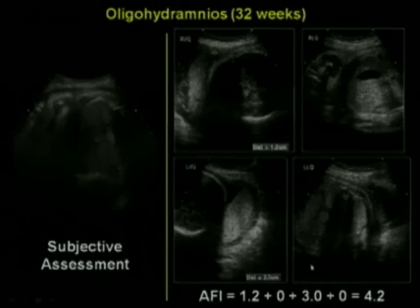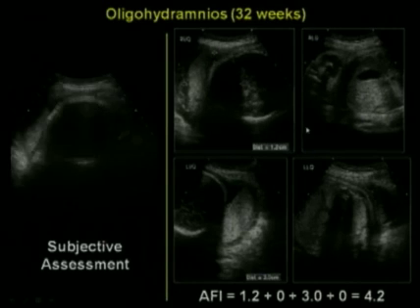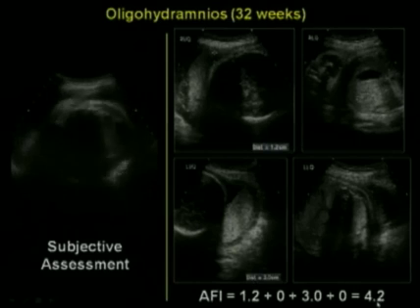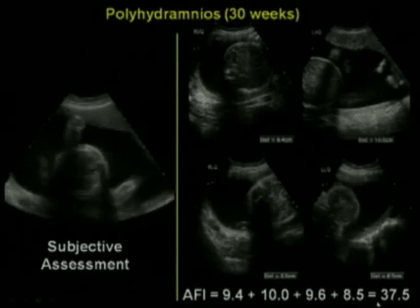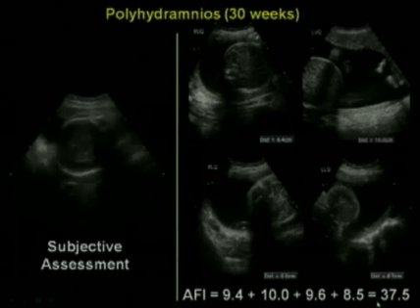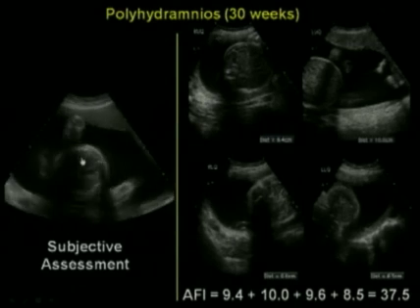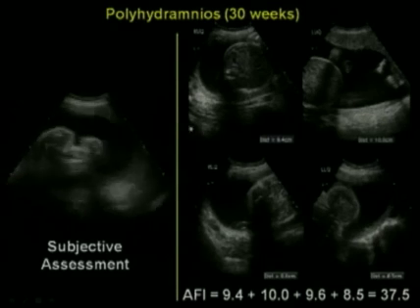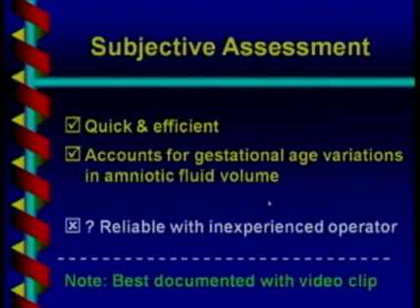Here, subjectively, there's very little fluid as we sweep through, and here that's confirmed by an amniotic fluid index of 4.2, less than 5, which is oligohydramnios. And here's a case of polyhydramnios. When we sweep through, especially towards the end of the sweep, you see more fluid than you would expect at 30 weeks, and the amniotic fluid index is also elevated.